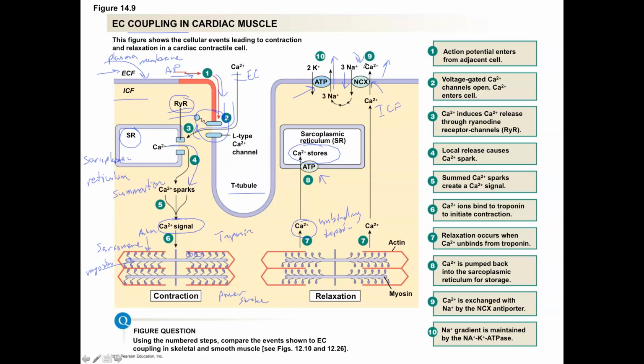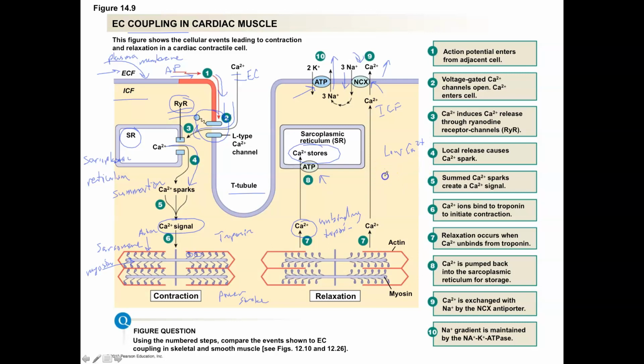The last thing I want to mention about this process is that cardiac muscle cells can contract in a graded fashion. Basically, what that means is that there can be varying amounts of force that are generated by cardiac muscle. So cardiac muscle can contract lightly, or cardiac muscle can contract heavy, depending upon the available amount of calcium. If you have low intracellular calcium, then you're going to see weaker contractions of the heart.